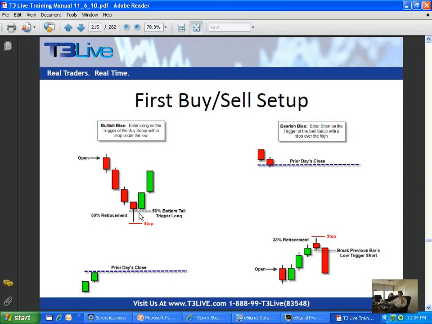It pulls back 60% retracement. 60% of the retracement from the prior day's close to the open. Or 50, sorry, I meant to say 50. So the stock retraces 50% of the gap. It tails back up. You see that bottoming tail. It takes out a prior day's high. You can put your stops in, and it's just like a regular trade.